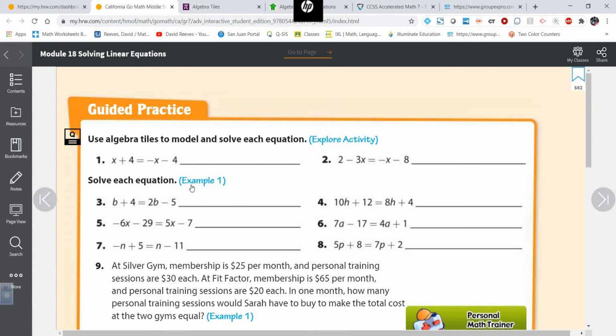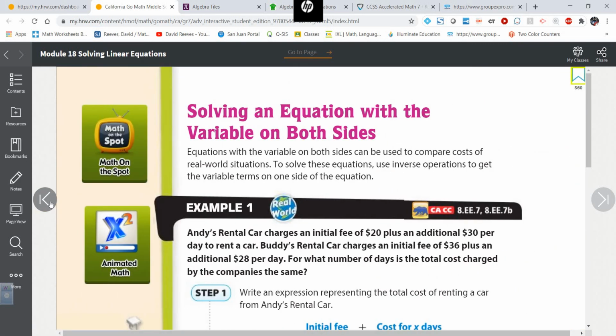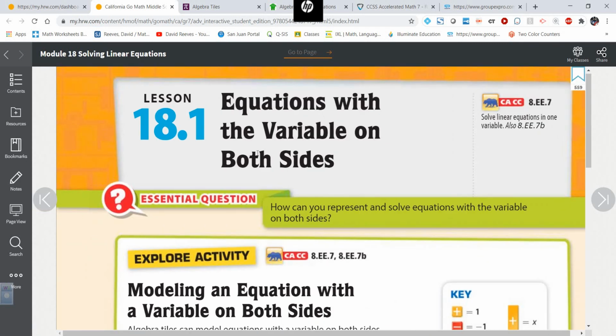Find the way that is easiest and fastest for you. My recommendation is a pretty good one: take away the smaller variable term from both sides first, because it will always lead to either a one-step equation or a two-step equation, and then you can go from there.